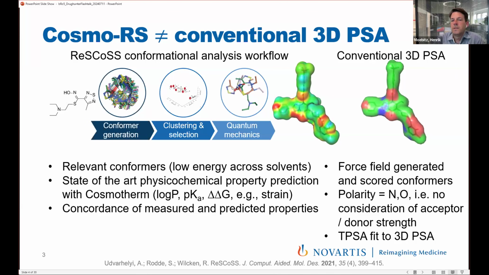And these conformations are then used for physchem property calculations with the state-of-the-art tool COSMOtherm. And so that gives you logP, pKa, Boltzmann distributions, which also allow the calculation of strain, etc. And in most cases where we've used this, you get a concordance of measured and predicted properties.